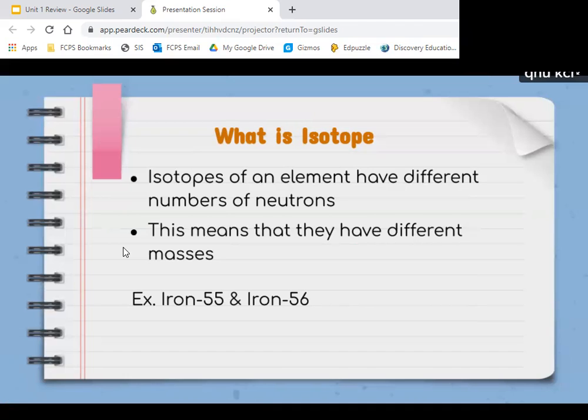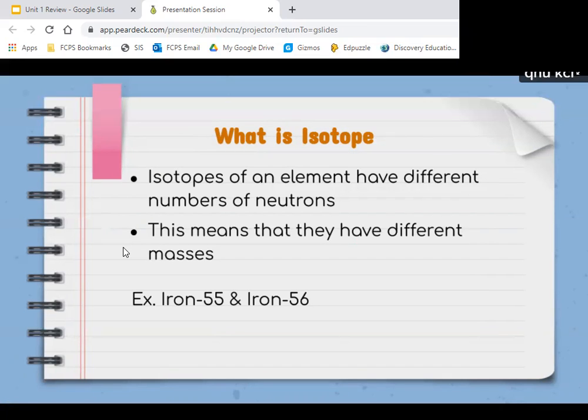So we have iron 55. Remember, 55 is the mass number. So what would be our number of neutrons here? How do we figure that out? Do you guys know? Nope, you wouldn't divide. Subtract the number of protons from the mass number.